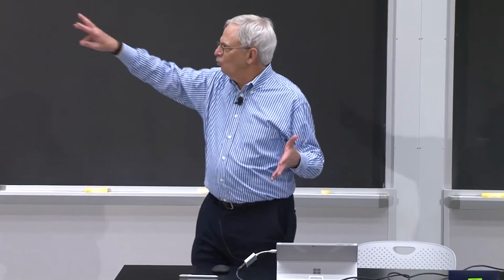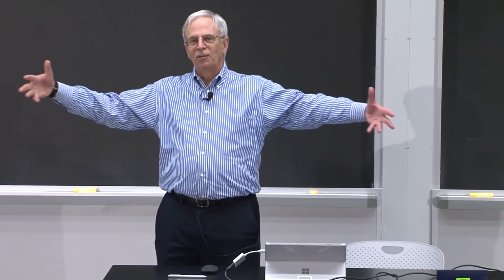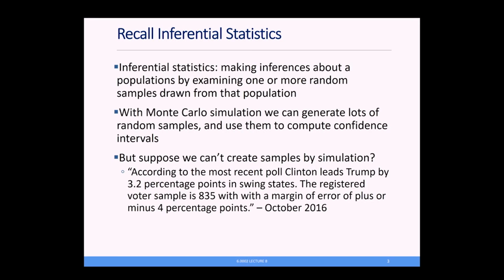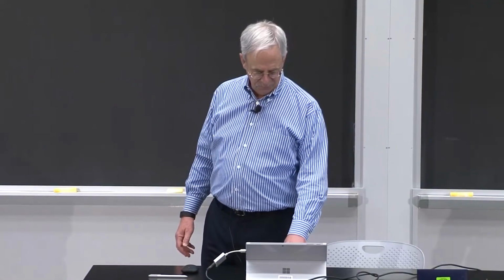They didn't run 1,000 polls and then compute the confidence interval. They ran one poll of 835 people in this case. And yet, they claim to have a confidence interval. That's what that margin of error is. Obviously, they needed that large confidence interval. So how is this done?